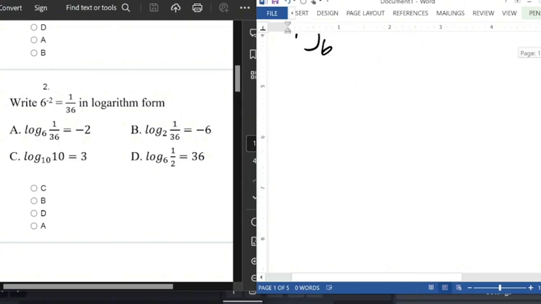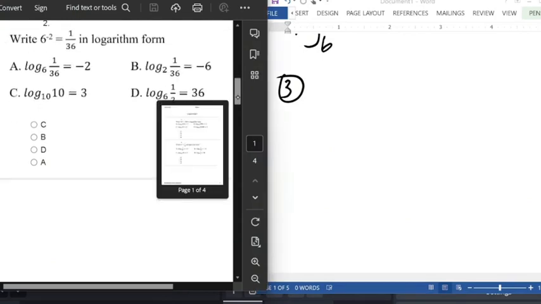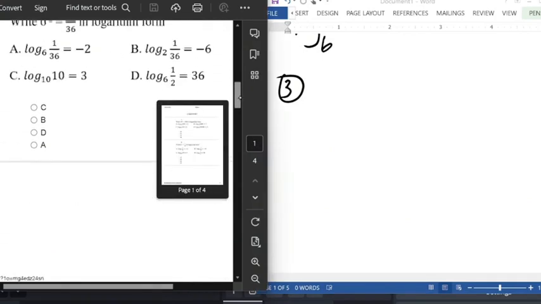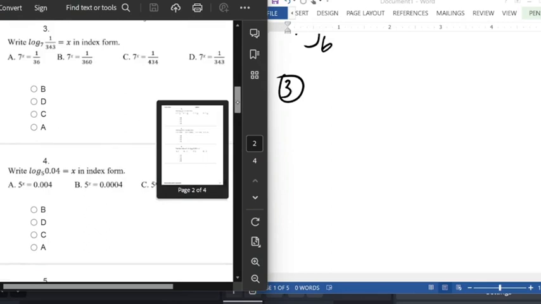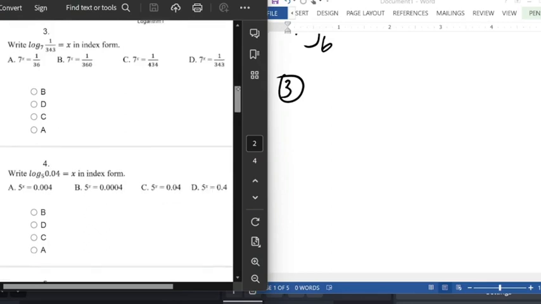Now this is clear. Now let's go to question number 3. Write in index form. This is the opposite of the two questions we just finished.